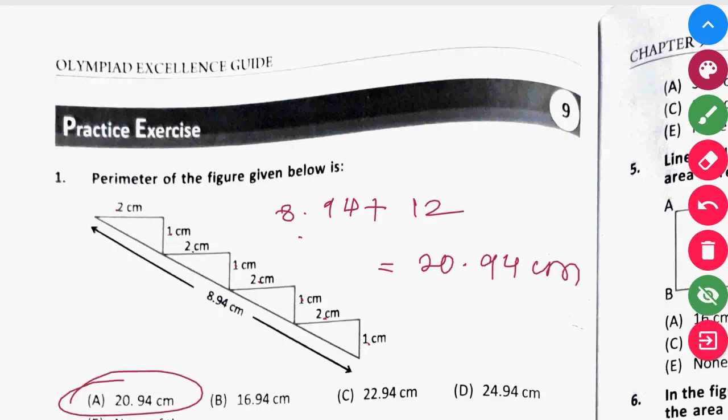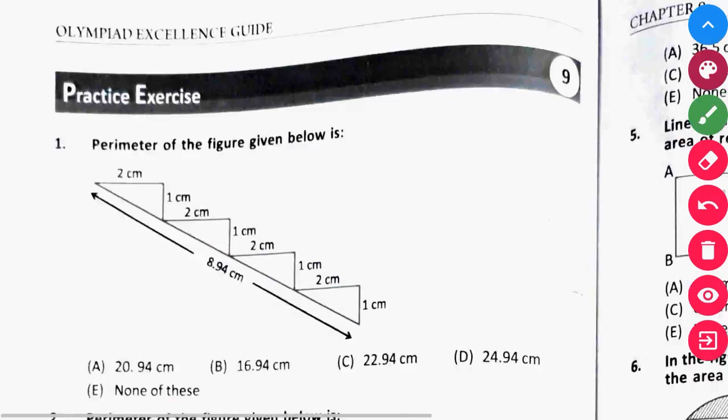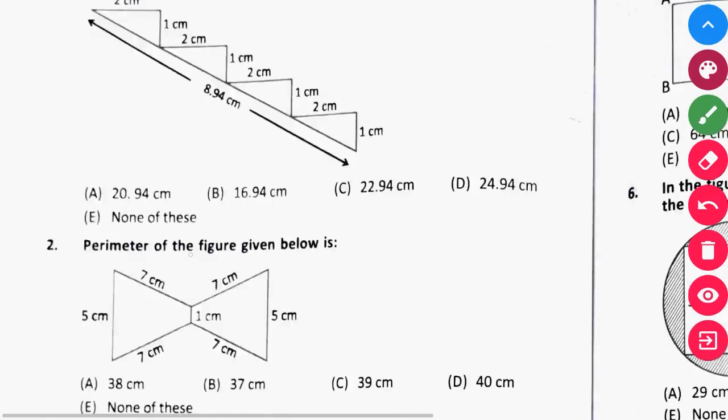Where is your answer? Answer A. Understood? Again I will explain. 2 plus 1 is 3, plus 2 is 5, plus 1 is 6, 8, 9, 11, 12. 12 plus this 8.94, that is 20.94, is the perimeter of the given figure.